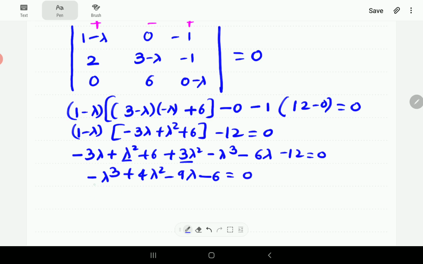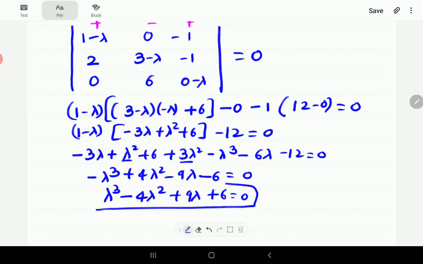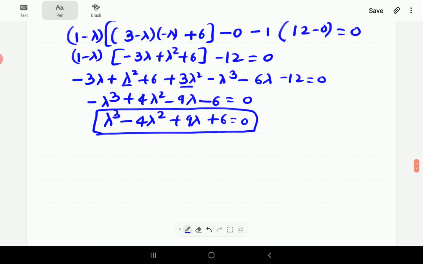We can rewrite by multiplying both sides with a negative sign: lambda cube minus 4 lambda square plus 9 lambda plus 6 equal to 0. So this is our required characteristic polynomial of the above matrix. Like this you have to find the characteristic polynomial.